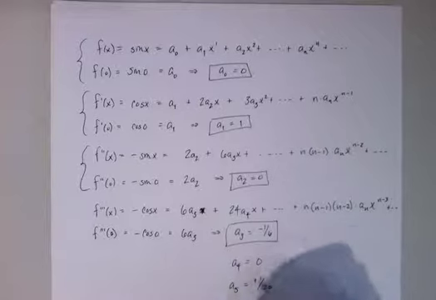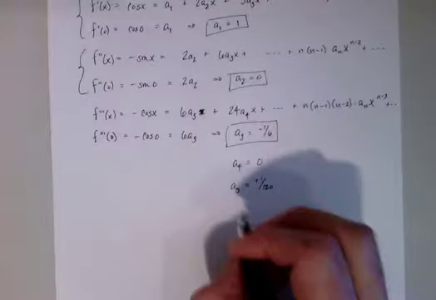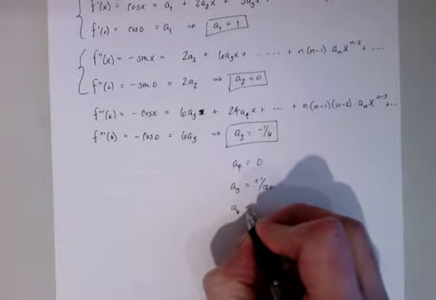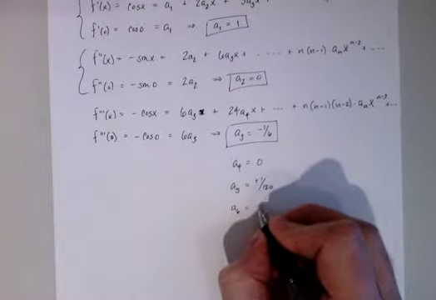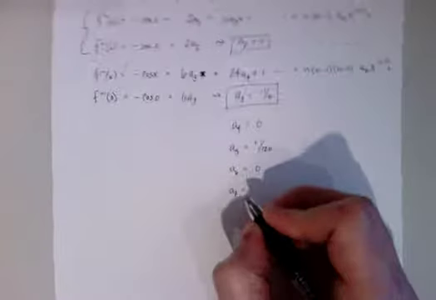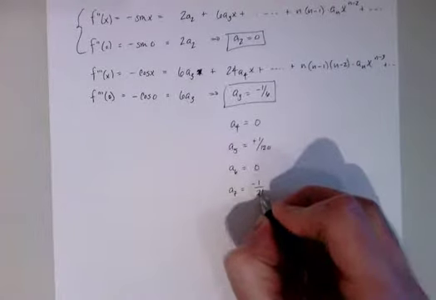And of course, what is 120? That's 5 factorial. If I take successive derivatives of x to the sixth, it's going to be 6 factorial, but it's going to be equal to 0, so it's 0. I take successive derivatives of x to the seventh, it's going to be 7 factorial, so it's going to be negative 1 over 7 factorial, okay?